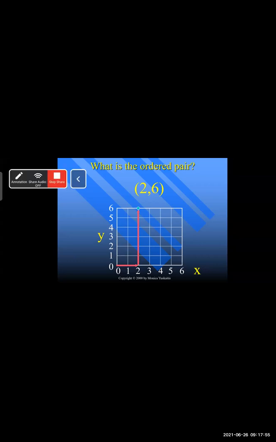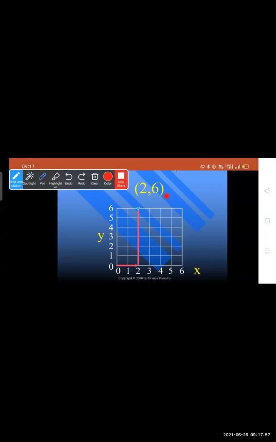See, if we have a grid like this, with 1, 2, 3, 4, minus 1, minus 2, minus 3, and the point is here, you have to find the ordered pair of this point.